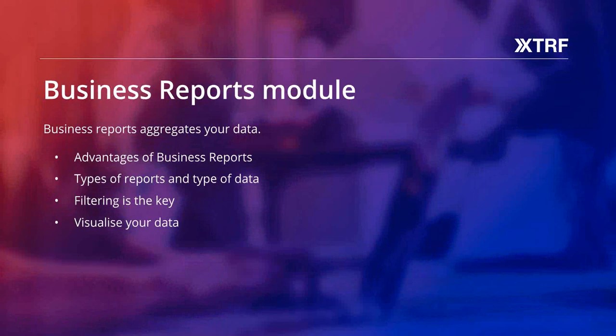So I would like to quickly go through the advantages, the capabilities of that system module, tell you a bit about the types of reports that you can create in XTRF, and go through the configuration of some examples to describe the entities, the settings of the report, how they can help you get the result that you need, and how you can visualize your data.